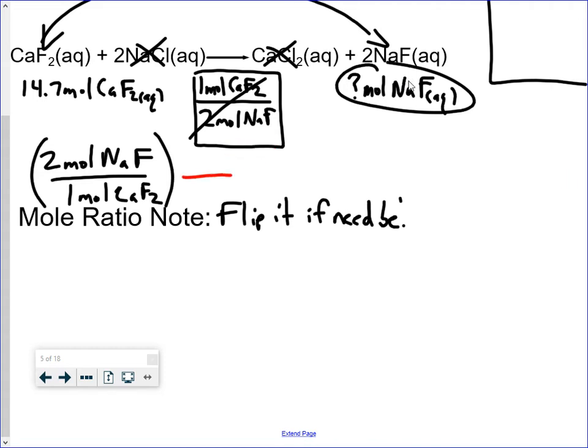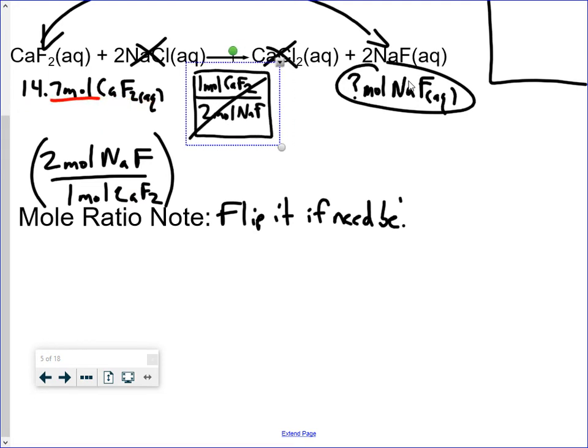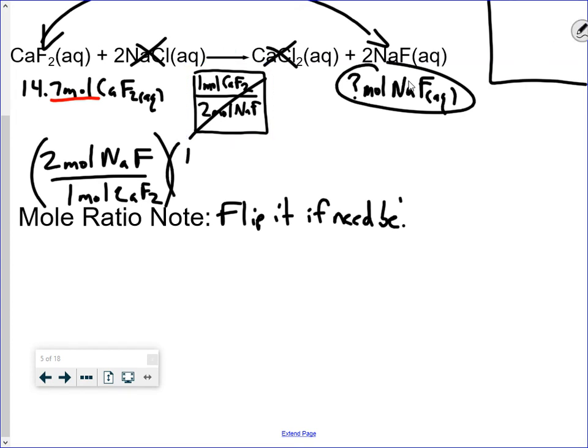You see the calcium fluoride right there? I can get rid of moles calcium fluoride by putting this whole thing on top of the next fraction. My next bracket will have 14.7 mole calcium fluoride on top over 1, and the unit cancels. So yes, I am just timesing it by 2.